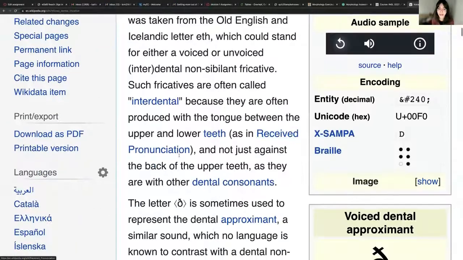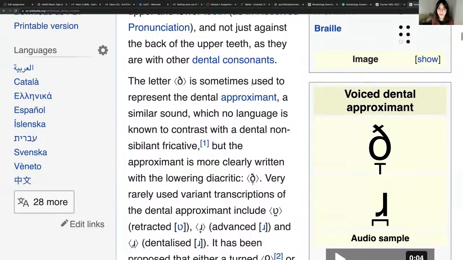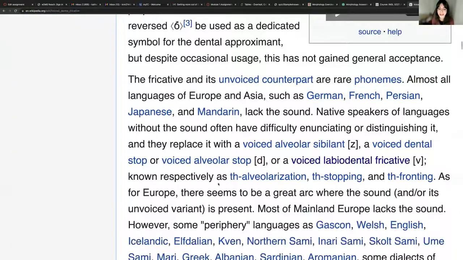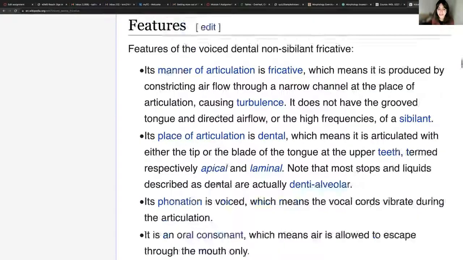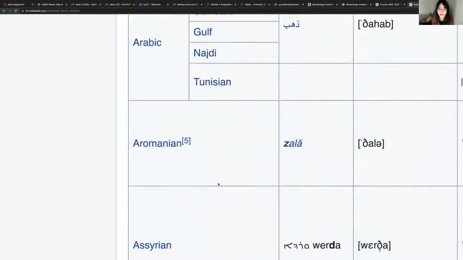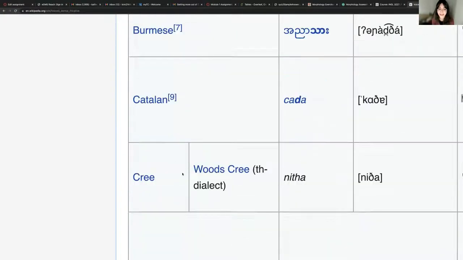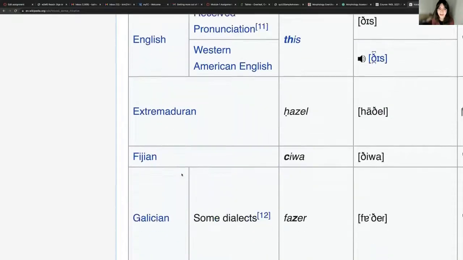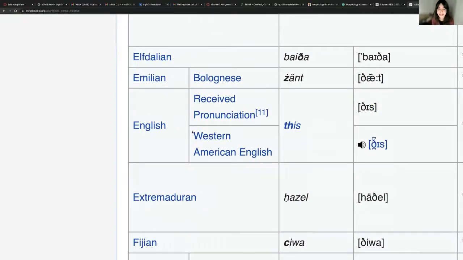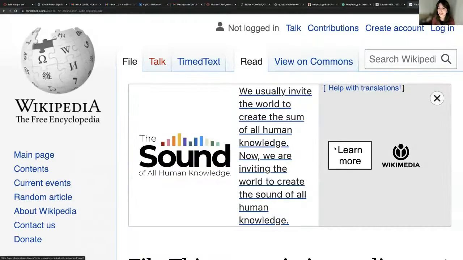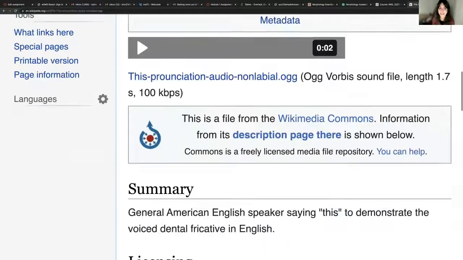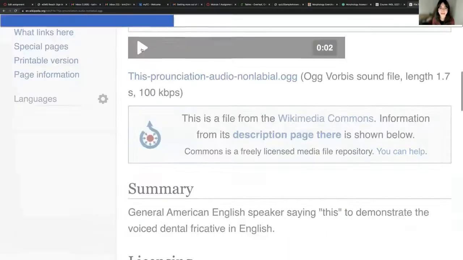And then if I go down, it's going to tell me how it's classified, and it's probably going to tell me some examples of where it occurs. So these are all the languages in which that sound occurs. And in English, it occurs in this, okay? And I could play it as well, probably. We said this. There's a recording.